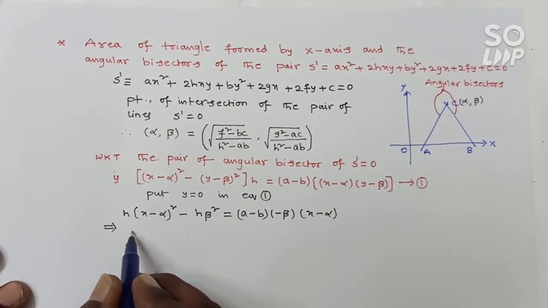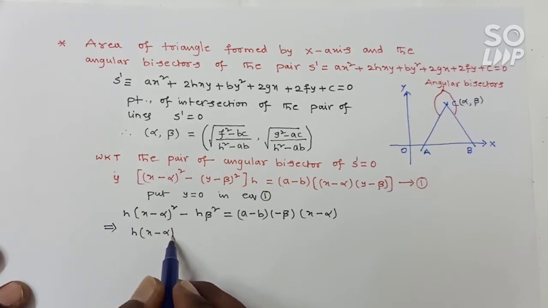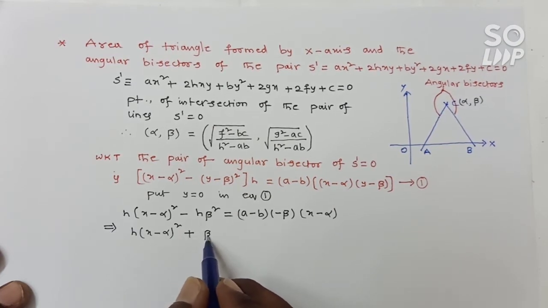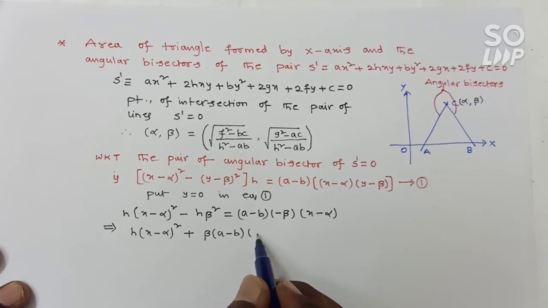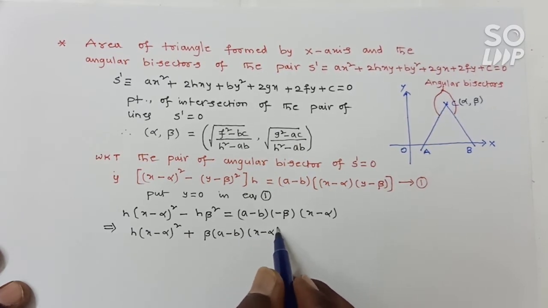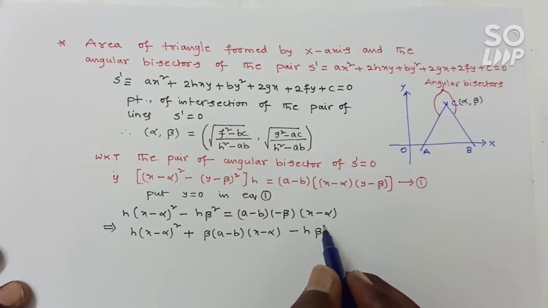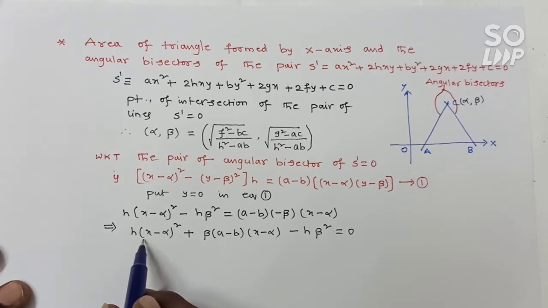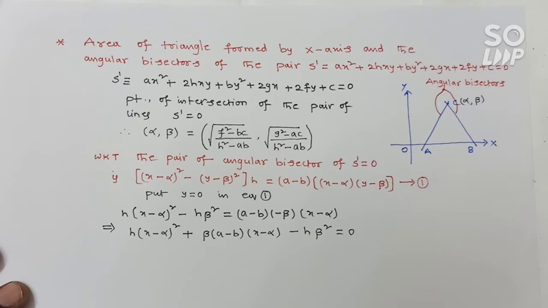This becomes h(x - alpha)² + beta(a - b)(x - alpha) - h beta² = 0. Now this is a quadratic in the variable x - alpha.